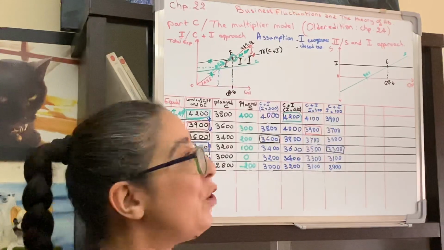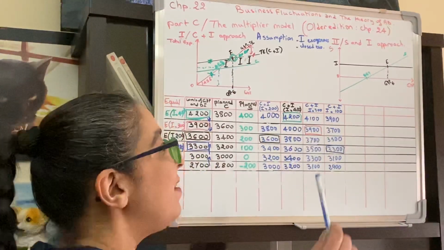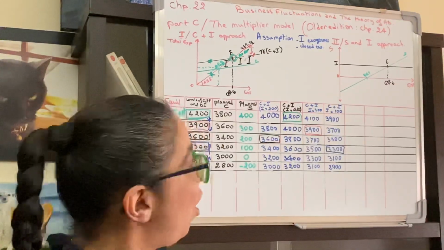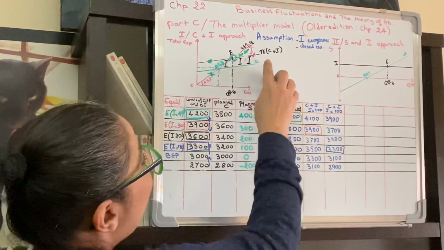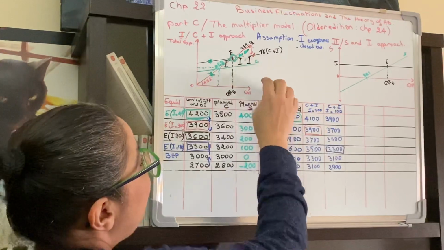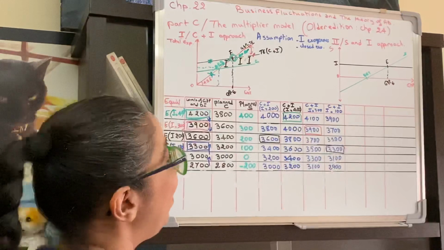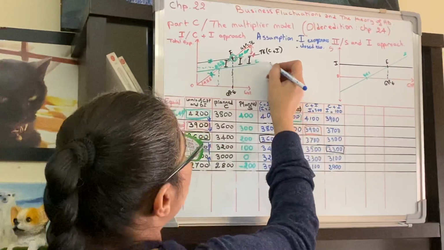So the other approach is with the S and I. If my equilibrium is that GDP is equal to C plus I, let me do it mathematically so that you see it.